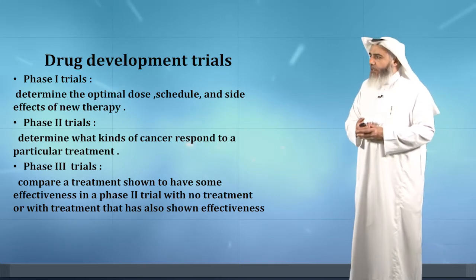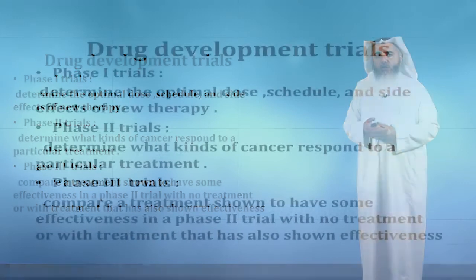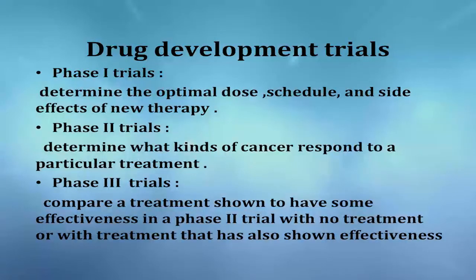Phase 1 is the trial where they try to find the optimum dose which is safe in human beings. So they will define the toxic dose, and from there they will identify the right dosage to be used safely in human beings. At the same time, they will have an idea about scheduling and early side effects.